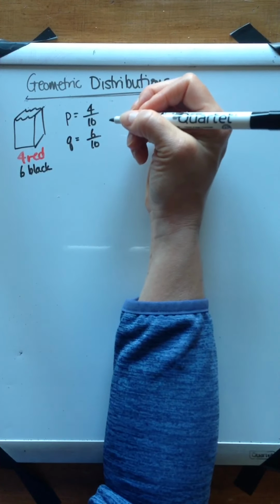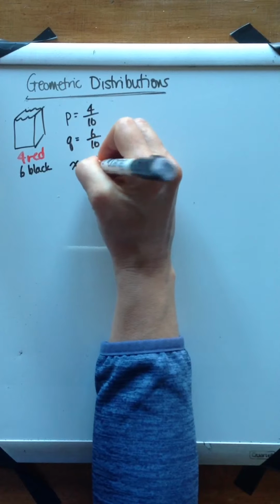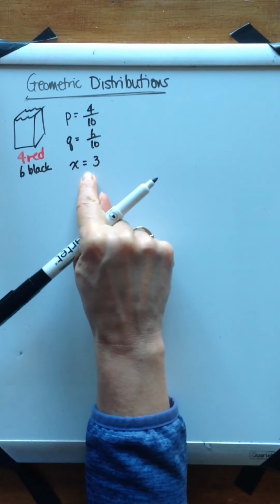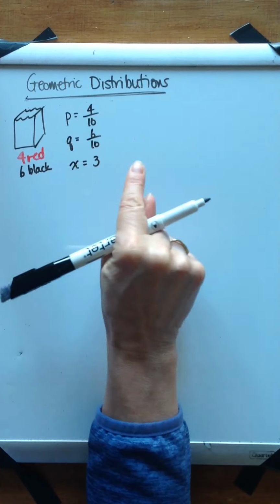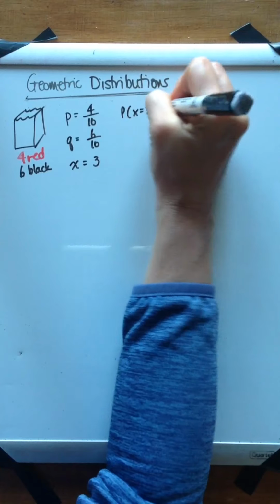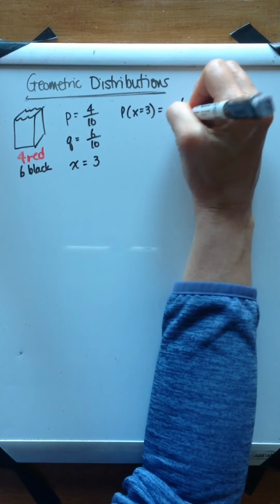And what's the probability that the first red nib is drawn after your 3rd attempt? So our x value is going to be 3. So after our first attempt, that means we have to have 3 unsuccessful attempts first before getting it on the 4th one. So our probability when we have 3 waiting periods is equal to 3 failures.